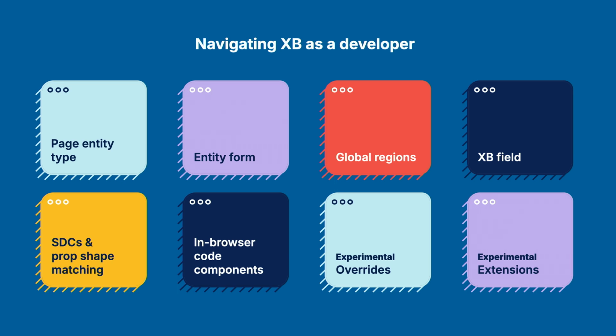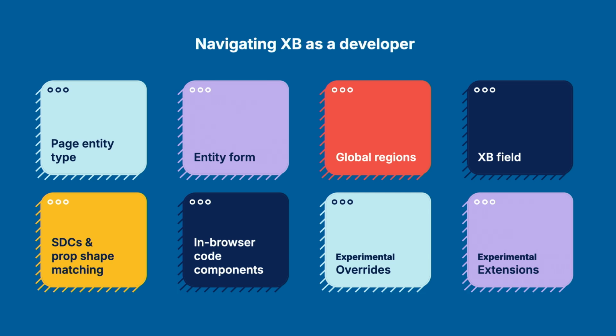Those end up as a config entity, as a region config entity. That Experience Builder adds a field to any content type on which it is enabled. And in that field, the component tree is stored as a JSON blob.